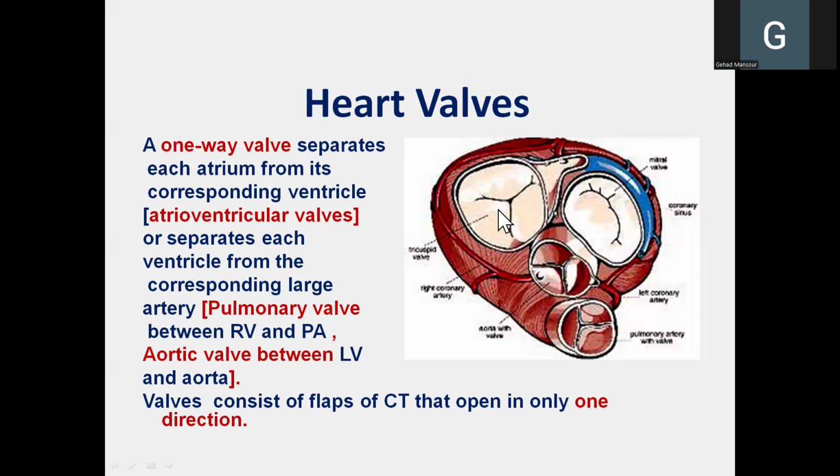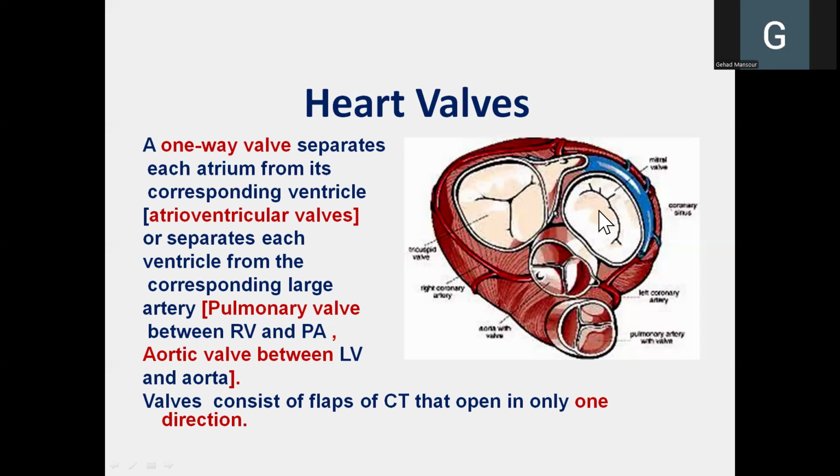But if I ask you about a specific valve, like for example, the tricuspid valve, then you have to mention in detail the type of the blood. So you would say that the tricuspid valve allows the passage of deoxygenated blood from the right atrium to the right ventricle during right ventricular diastole and prevents backflow during right ventricular systole.